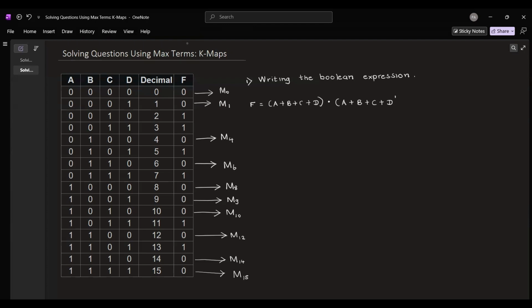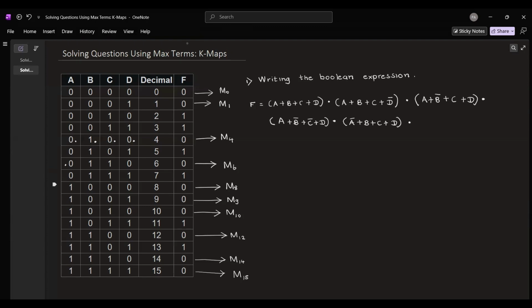You can use the apostrophe or you can use the bar symbol. Into A plus B bar plus C plus D into, we'll continue in the next line, A plus B bar plus C bar plus D into A bar plus B plus C plus D.